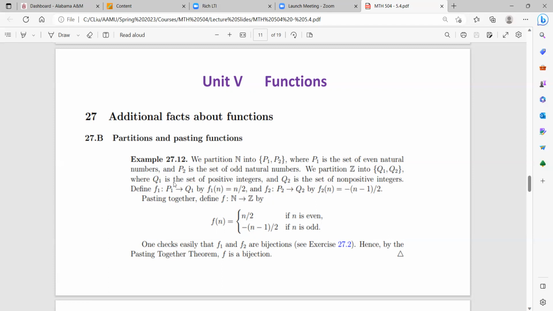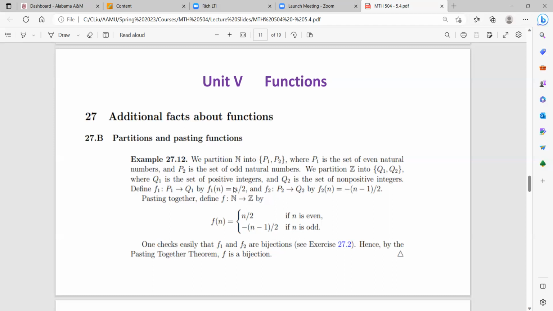And then we define one function from P1 to Q1, and another function from P2 to Q2. We call them f1 and f2. f1 is defined as f1(n) = n/2. Okay, so remember f1 is from P1 to Q1. So P1 is the set of even integers. So n is an even integer here.